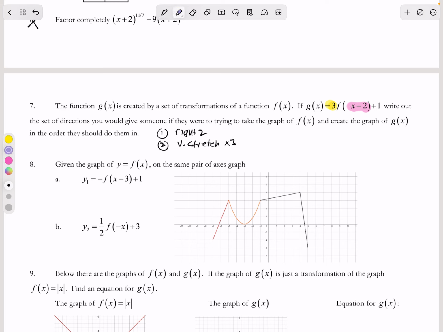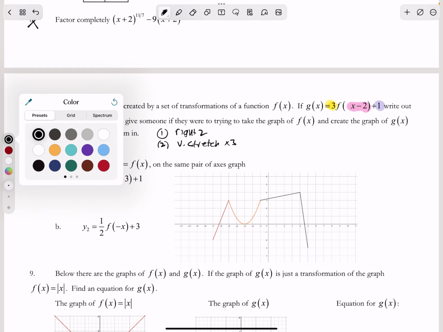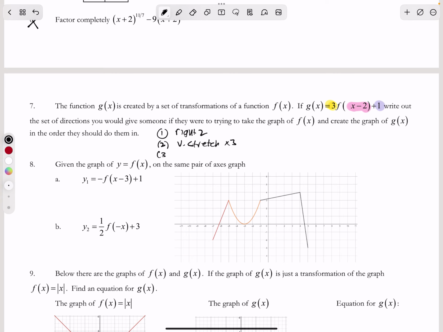And finally, when we add a number to the end, right here, that means we're going to go up. We're going to transform the function by going up 1.